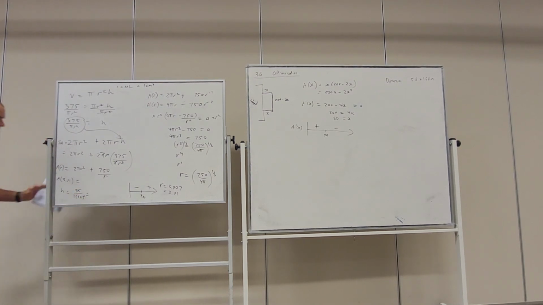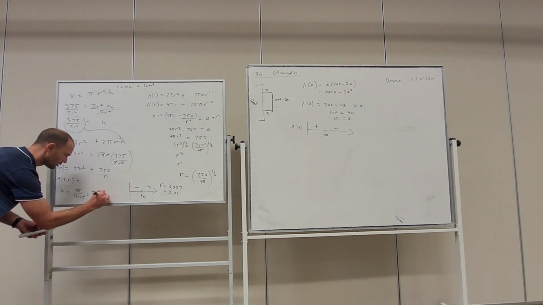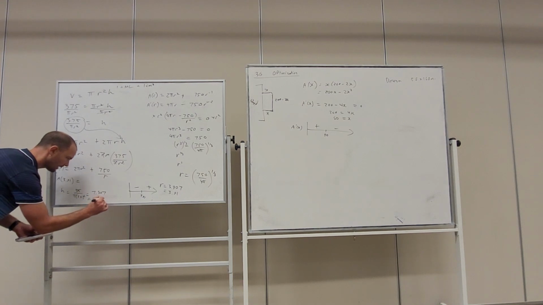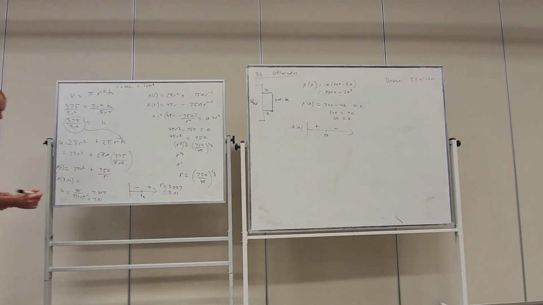So we're just going to evaluate both of those. So that's just a calculator job. So this is 7.807, which is 7.81 centimetres.